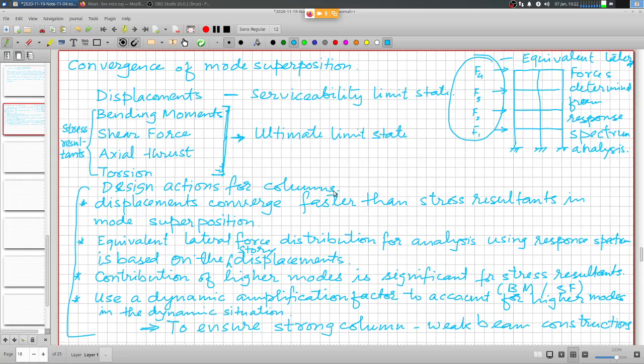That's a very strong word, not allow any plastic hinge to form in columns. We do sometimes allow even columns to develop plastic hinges, particularly when the axial load on the column is very, very small.